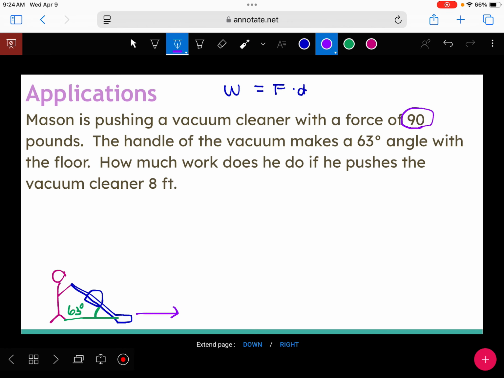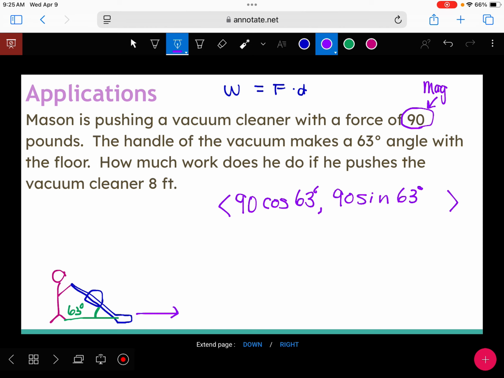How can I write a vector that says we have 90 pounds with 63 degrees? The 90 is going to be which part of a vector? This is our magnitude. So we can write this as 90 cosine of that angle 63 and 90 sine of 63.